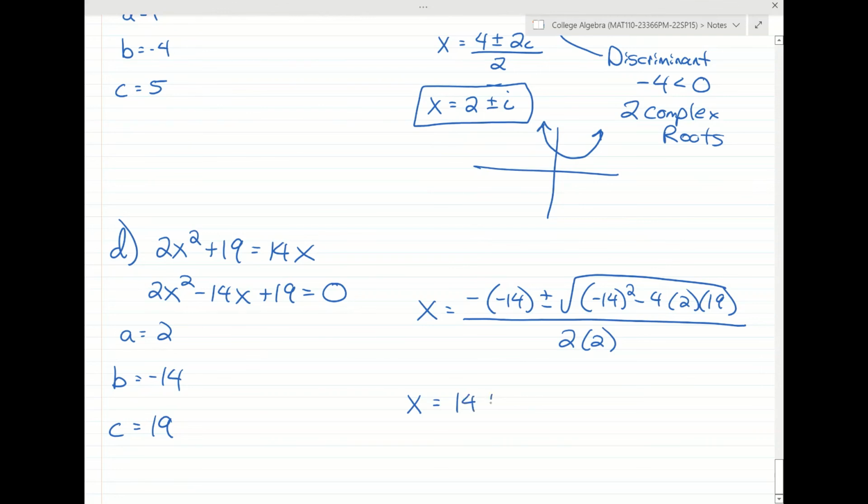Or 14 plus or minus, let's see what this square root is, -14 squared minus 4 times 2 times 19 is 44 over 4. We'll simplify that square root to just be the square root of 4 times the square root of 11, or 2 root 11.